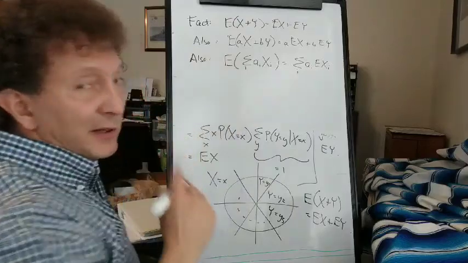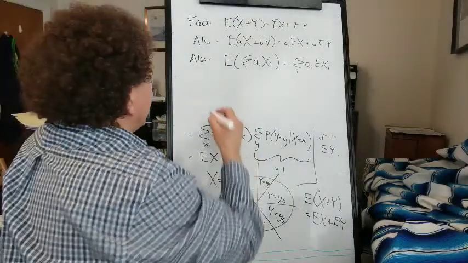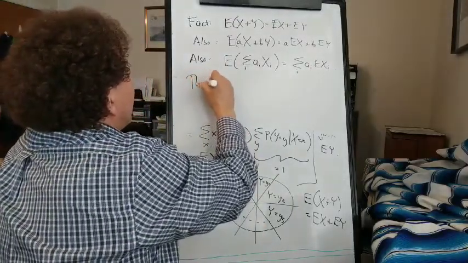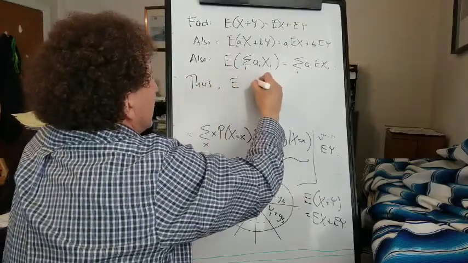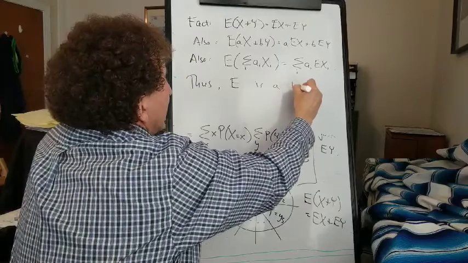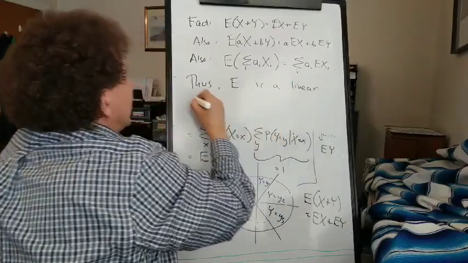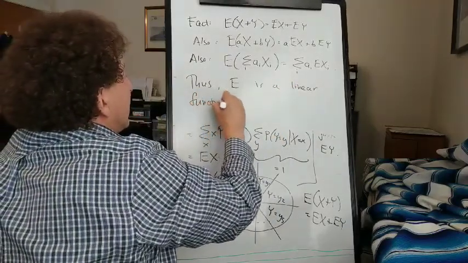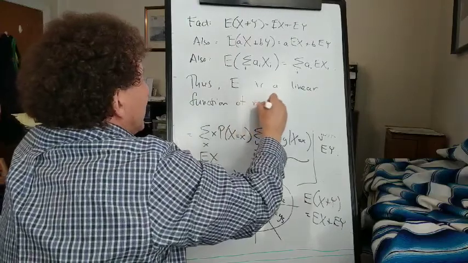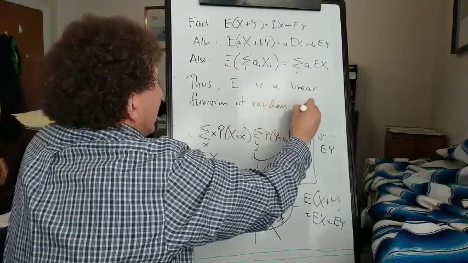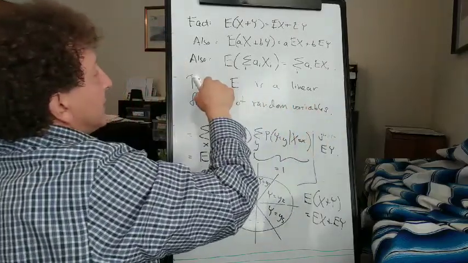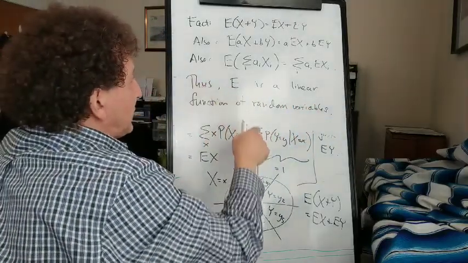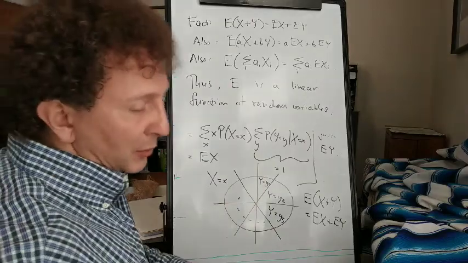So in other words, I guess I could sum this up by saying the sentence: expected value is a linear function of random variables. So it respects sums and it respects scalar multiples.